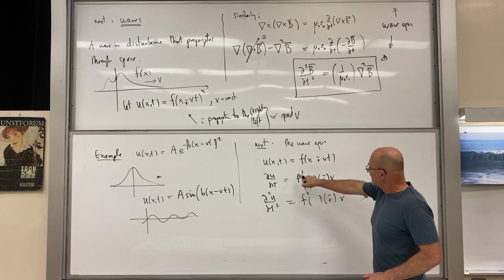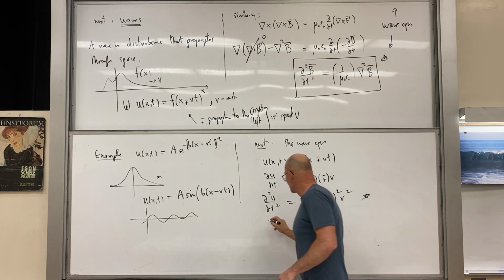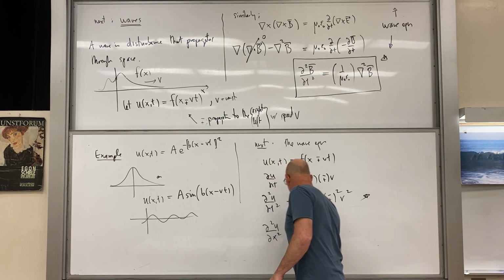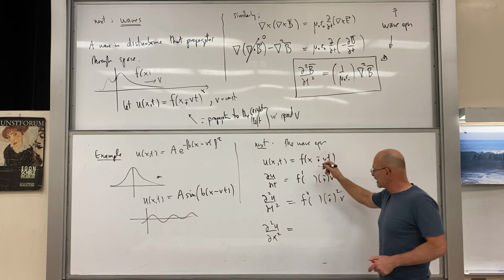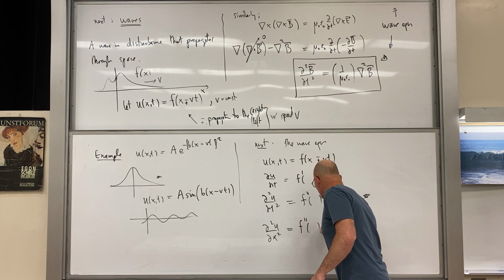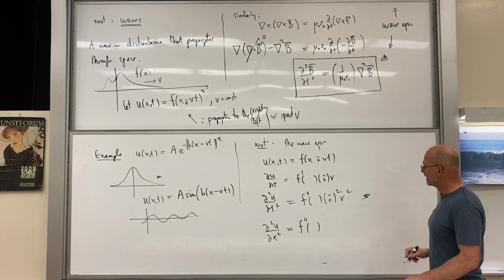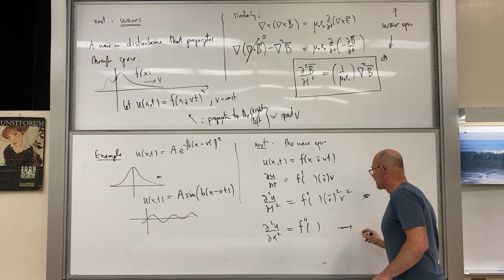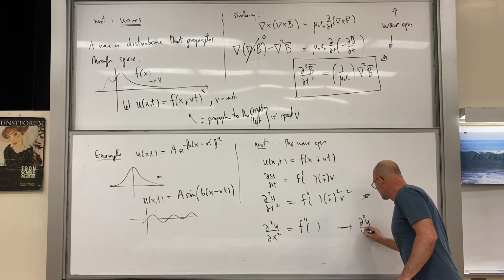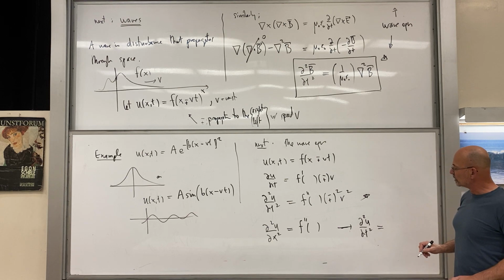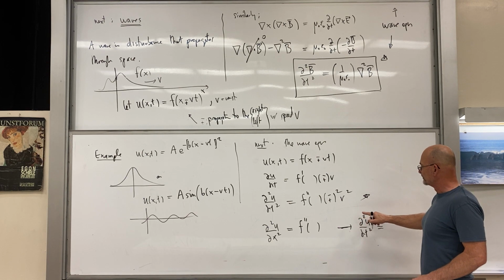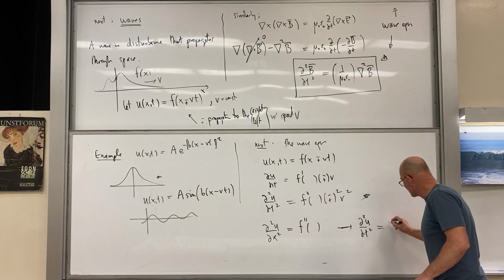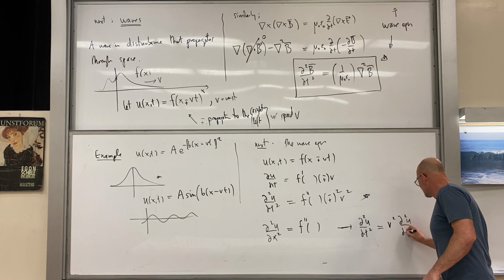So holding on to that, if we do two derivatives in space, d squared u/dx squared, I don't even have to do them one at a time. We see it's just going to be f double prime of the argument. And from this, the sign squares away to 1, we see that d squared u/dt squared is equal to v squared f double prime, which is v squared d squared u/dx squared.